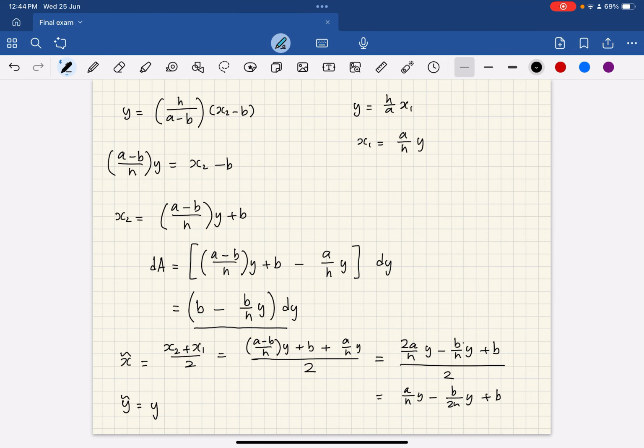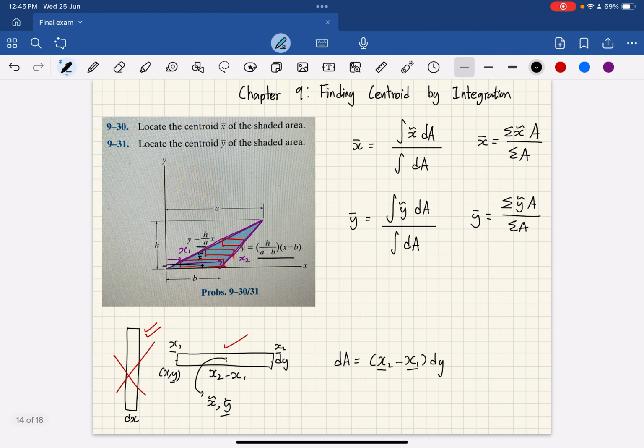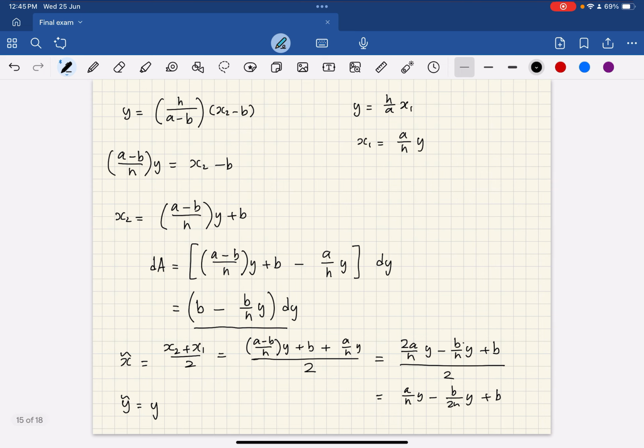So x2 a minus bh y over yb. Okay, let me just check. Yeah, a minus bh x y. Okay, b, yes. Okay, plus b minus a over hy. Okay, so a over hy minus b over hy plus b minus a over hy. So the difference should be just negative b over hy plus b, supposedly, because it will cancel out.